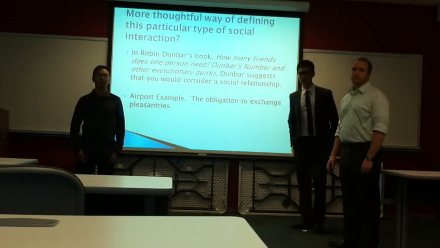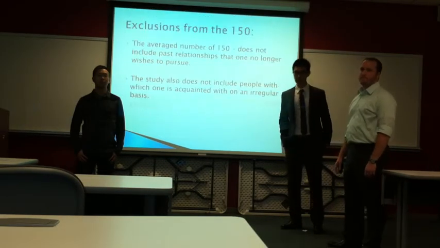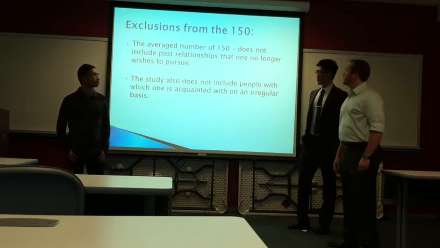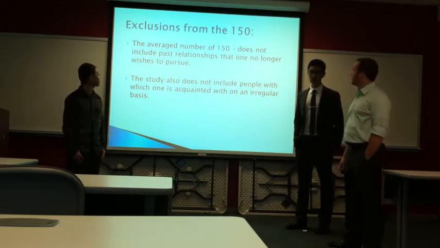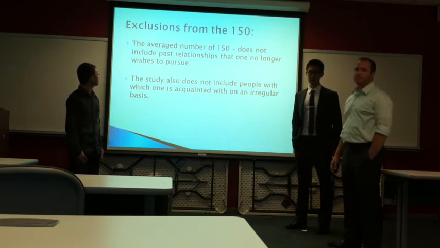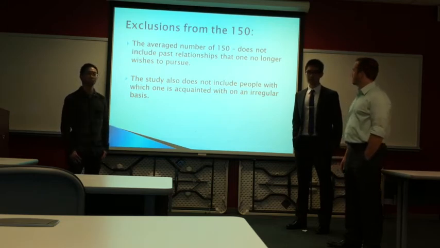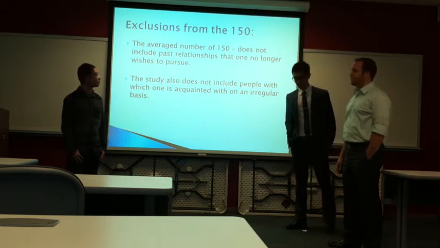There are a couple of exceptions to Dunbar's 150 average. The first is past relationships that you no longer wish to pursue, such as a close friend you had growing up as a child. You might have had a deep bond when you were kids, but as you grew up, you felt the need not to continue pursuing that relationship.